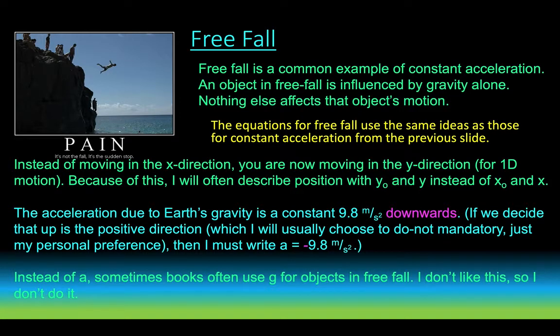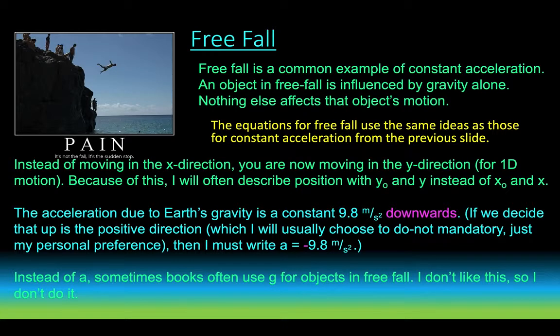Now, I'm going to add that sometimes instead of saying a for acceleration, if you're looking at other textbooks, books will sometimes use lowercase g when they're talking about gravity due to Earth and objects in free fall. I personally really do not like to do this. I would rather have a for acceleration, and if I know that I am using the acceleration due to Earth's gravity, I just then remember to write negative 9.8, the numerical value of Earth's acceleration, when we decide that up is the positive direction.